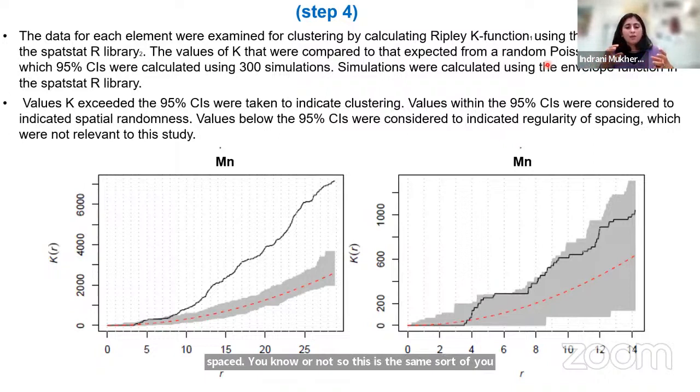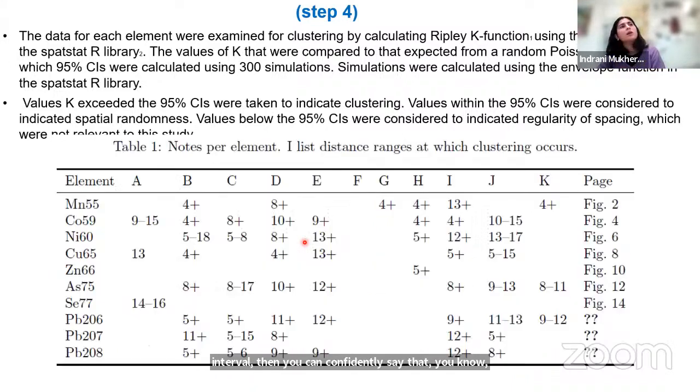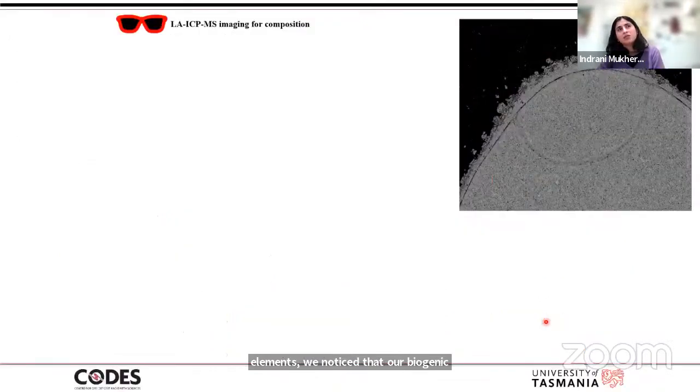So this is the same sort of phenomenon. We want to see how clustered certain elements or the spatial distribution of certain trace elements are across the biogenic areas versus the non-biogenic areas. And so when it's significantly above the 95% confidence interval, then you can confidently say that you see high levels of clustering. And so when we applied that to a variety of our trace elements, we noticed that our biogenic bits showed consistent clustering.